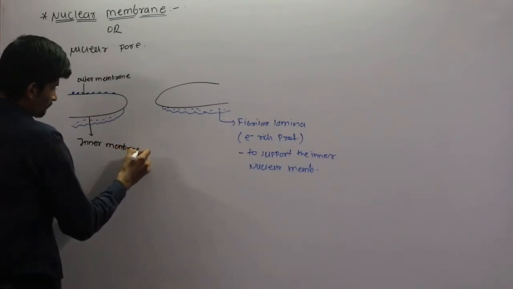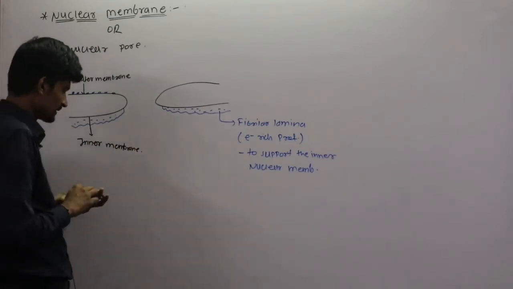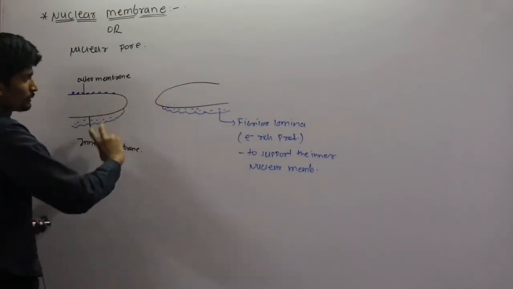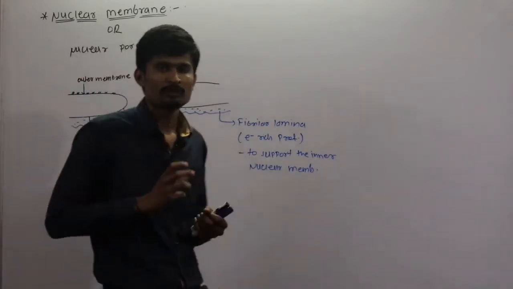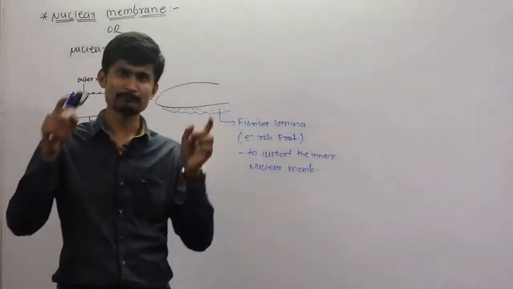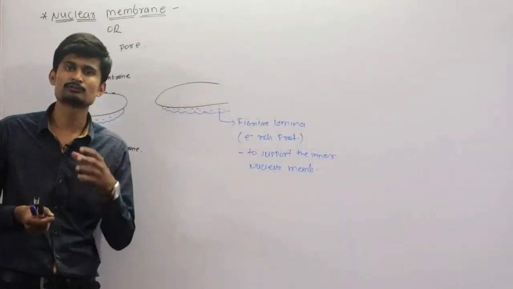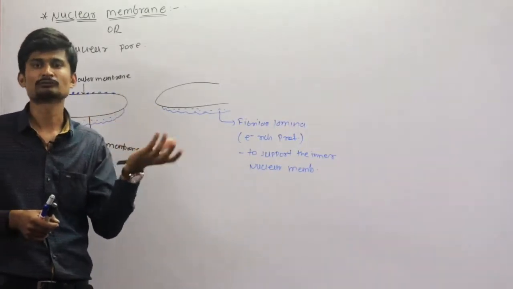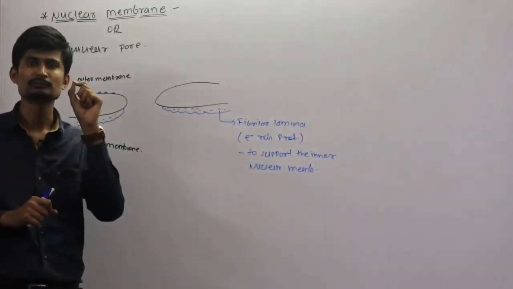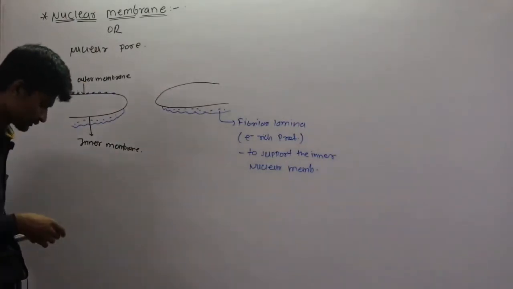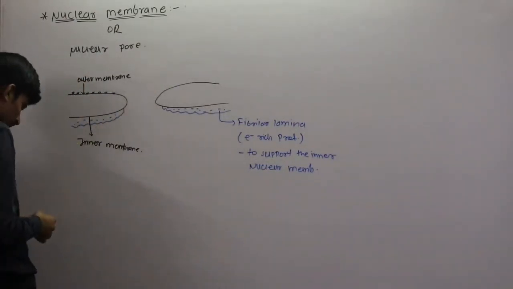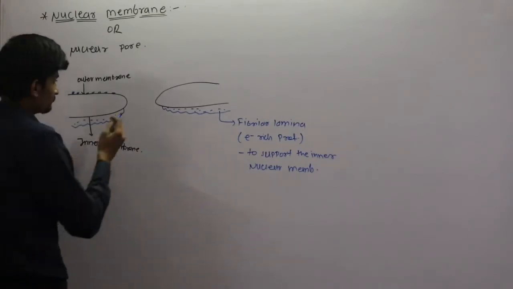Now there is a pore in between these two nuclear membranes. We have seen in the last lecture that the nuclear membrane is discontinuous, meaning there are pores. 1000 to 10,000 nuclear pores are present in each nucleus. Actually it is not simply a pore, but there is another structure.